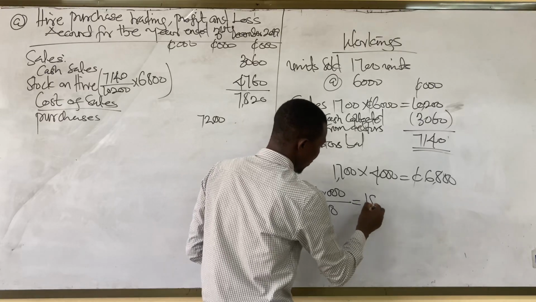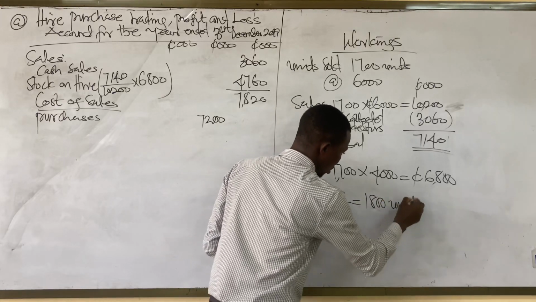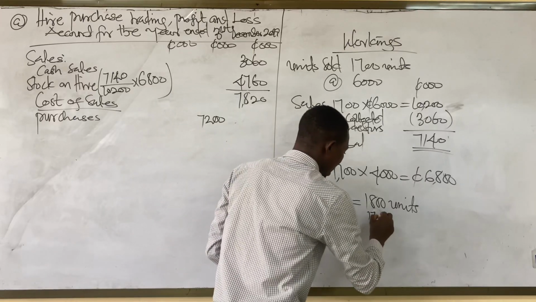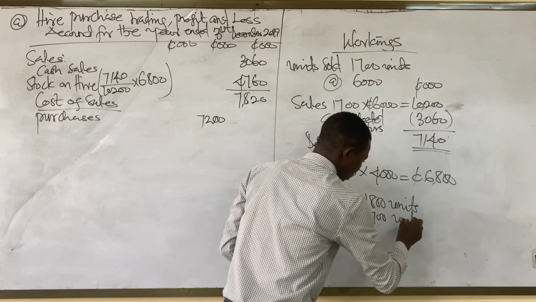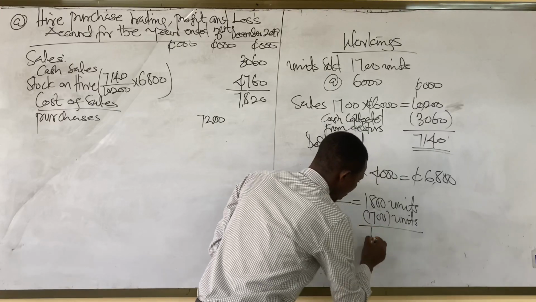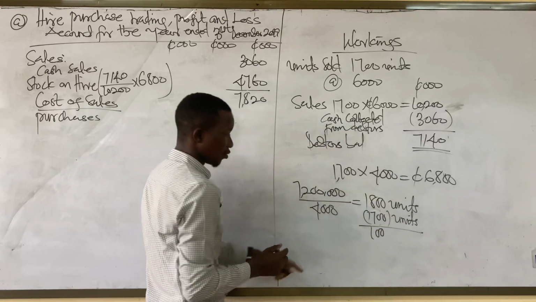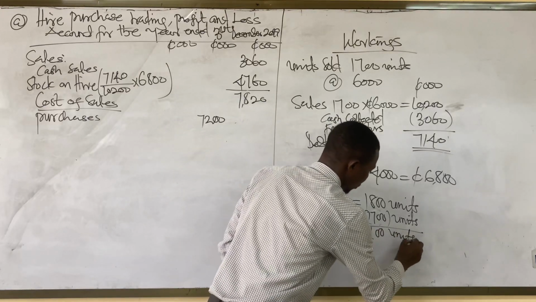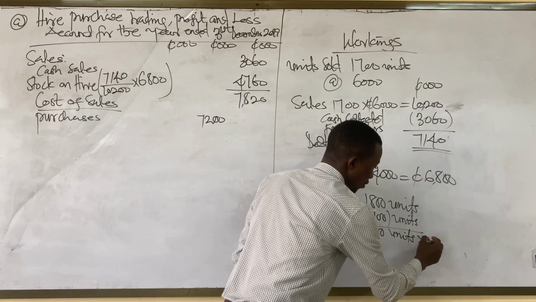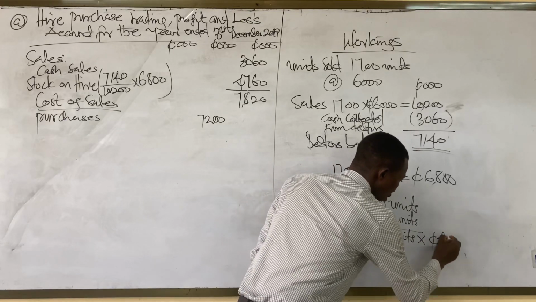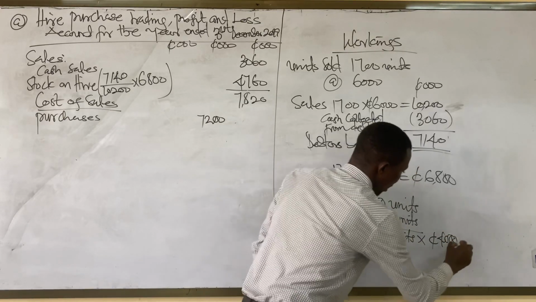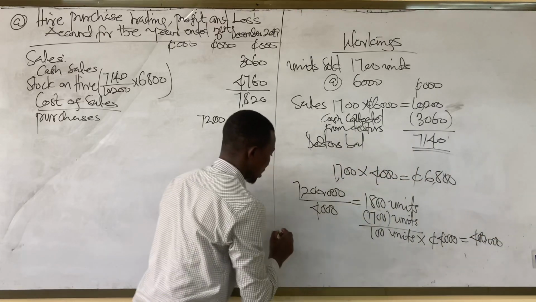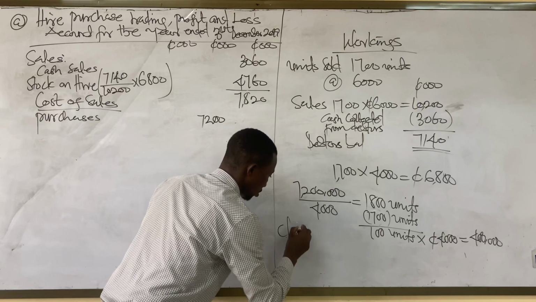So this determines the units purchased, and then we sold 1,700 units. So the closing unit will be 100. Is that okay? 100 units. Then we multiply this by the per unit cost of 4,000, and this will give us 400,000 as the closing stock.